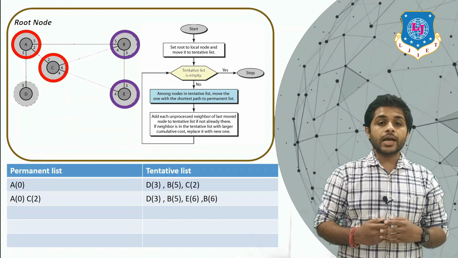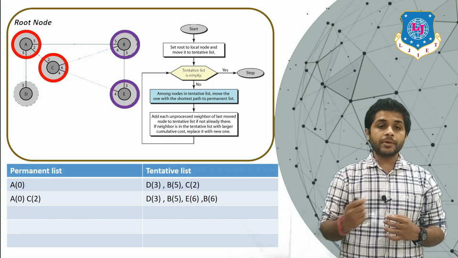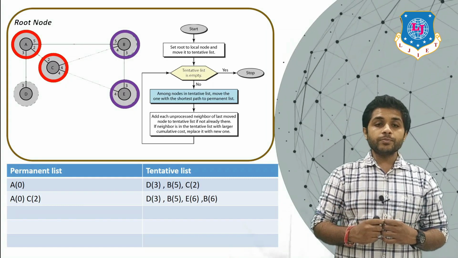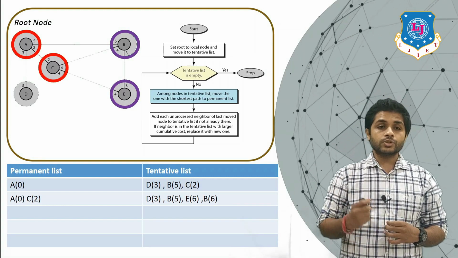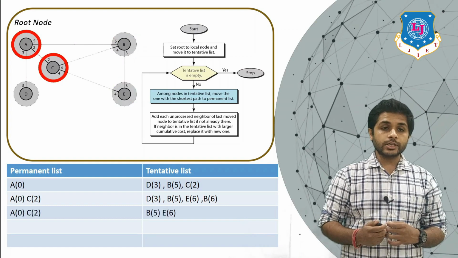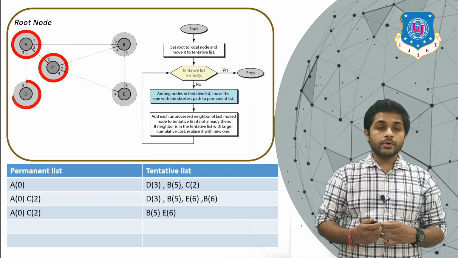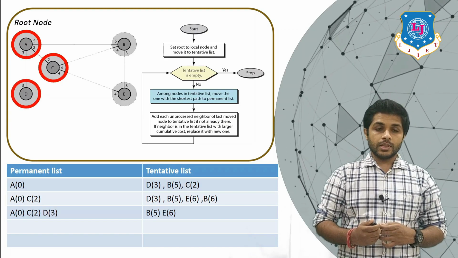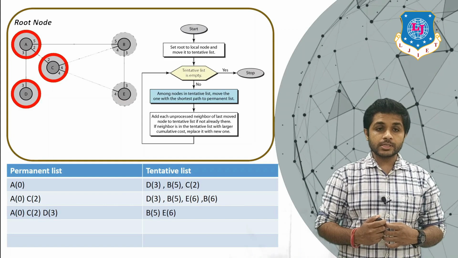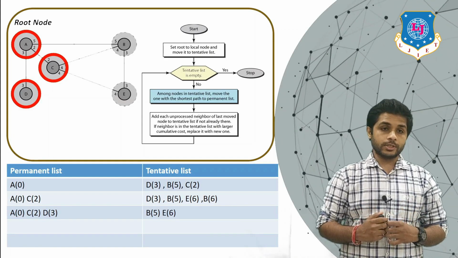Now after that, again we will move a node from the tentative list to the permanent list. Which node will we move? The node which is having the shortest distance. So D3 is having the shortest distance, so we will add the node D to the permanent list. Now after adding the node to the permanent list, we will add its adjacent nodes to the tentative list.